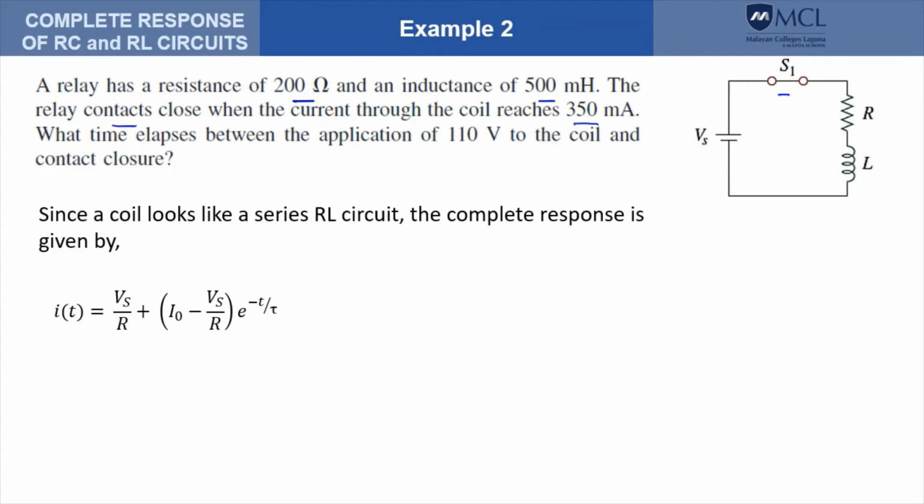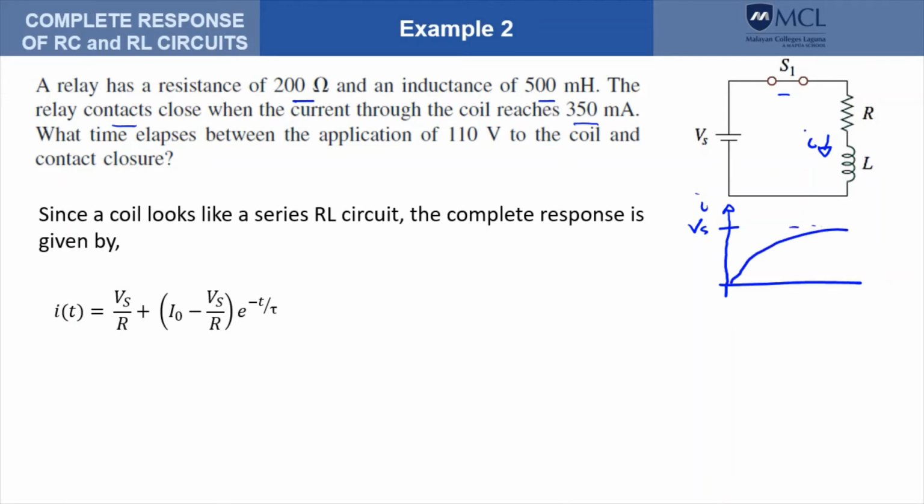the contacts do not immediately close because the current through the coil will have to build up. So take note that this is the current here, and it will build up in this manner.